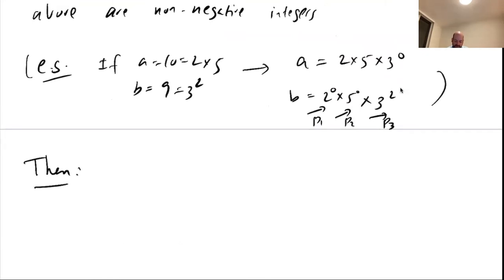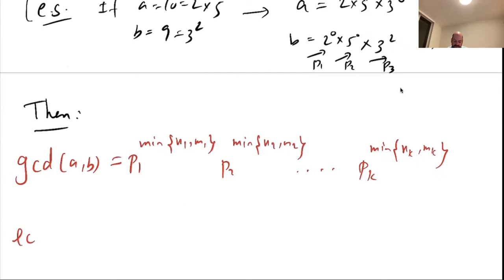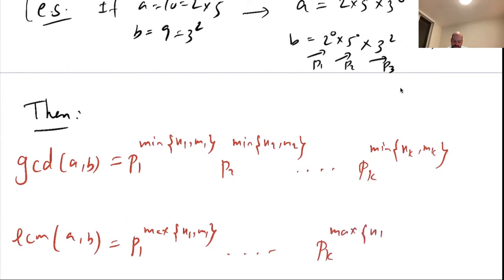Then GCD of A and B is equal to P1 to power minimum of N1 and M1 times P2 to power minimum N2 and M2 all the way to Pk to power minimum Nk and Mk. And similarly, LCM of A and B is equal to P1 to power maximum N1 M1 all the way to Pk to power maximum Nk Mk.